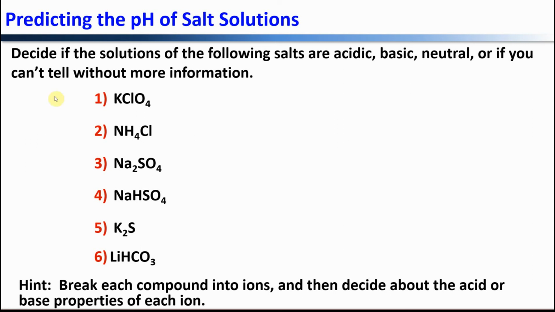Okay, so let's see. I'll do it for me. This is going to give me K plus and ClO4 minus. This gives me ammonium and chloride. This gives me sodium, I'm not worried about how many right now, and SO4 2 minus, so sulfate.